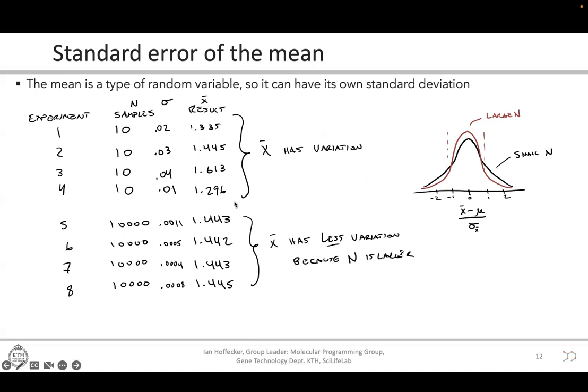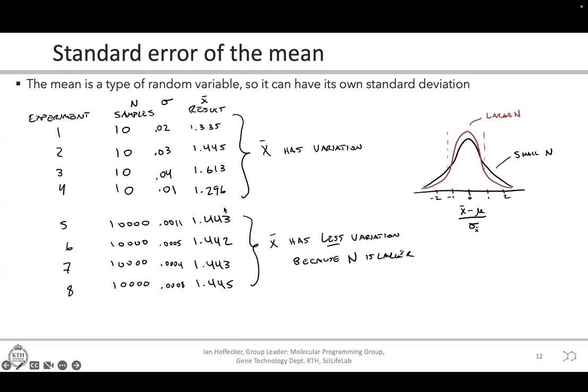And if you look down here, these X bar values are similar to each other, right? 1.442, 1.445. But in this second group down here, they're varying a lot less, right? X bar is 1.443, 1.442, but here it's going all the way up to 1.613, 1.992, 1.296. So what's happening?